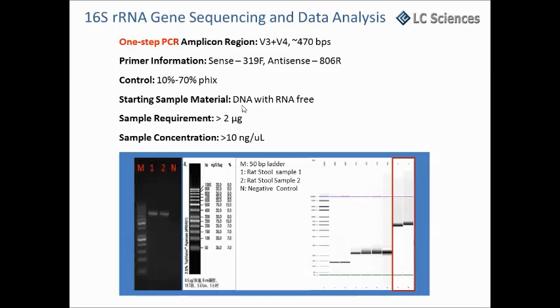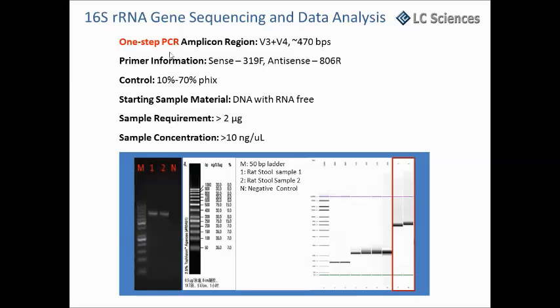not RNA. Even though we are looking at the 16S rRNA, we are looking at the 16S rRNA gene. It's DNA. It's not an RNA sample. And for sample requirement, we would like to have 2 micrograms for each sample, and the concentration should be more than 10 nanograms per microliter.